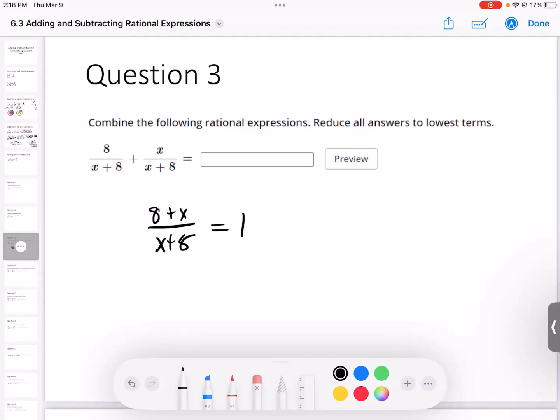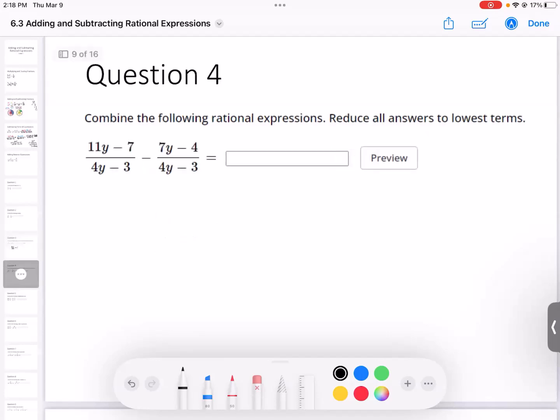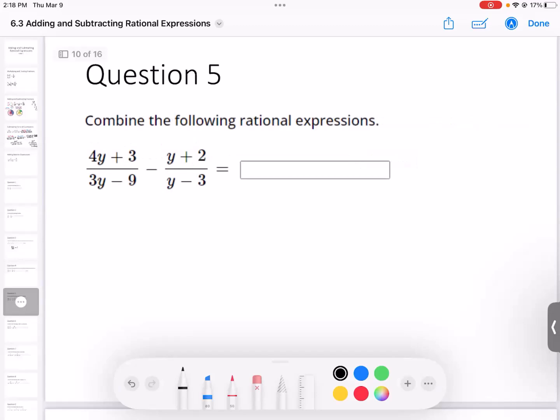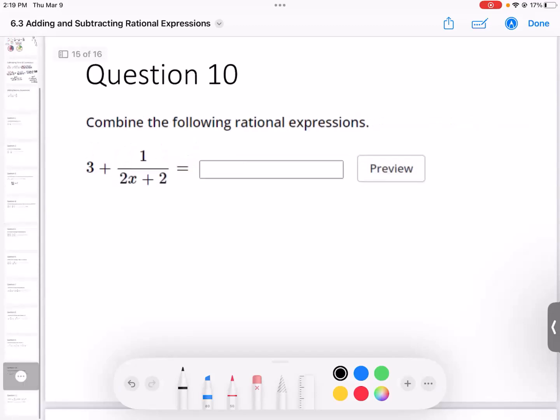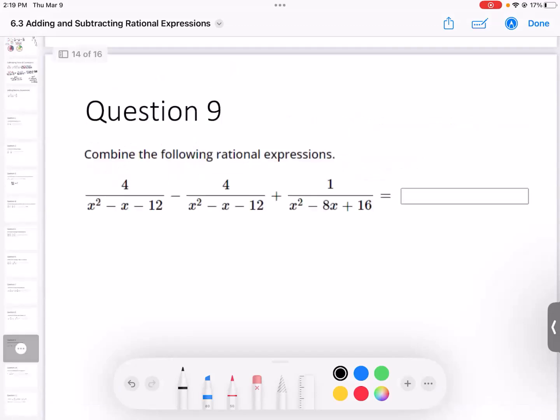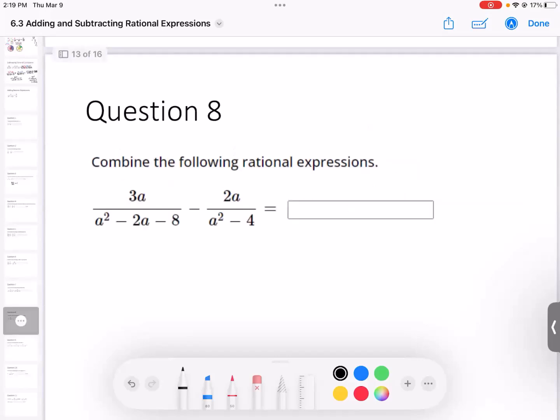So some of the questions on your homework will be really easy like that. And there's quite a few of them actually where you have common denominators already given to you. So it's really just the last few questions on your homework where you'll be given things like this or like this, where you need to factor them.